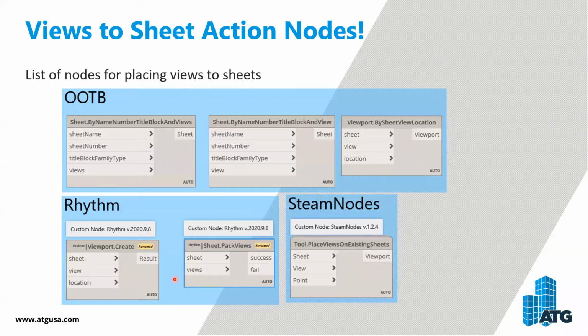Virtually these three are going to accomplish the same task for the most part. So if you don't want to download custom packages, this Viewport.BySheetLocation is an out-of-the-box node. Or if you are familiar and comfortable working with custom nodes, these two will work for you as well.